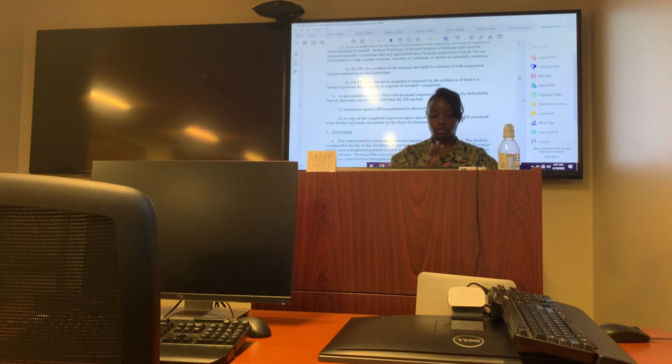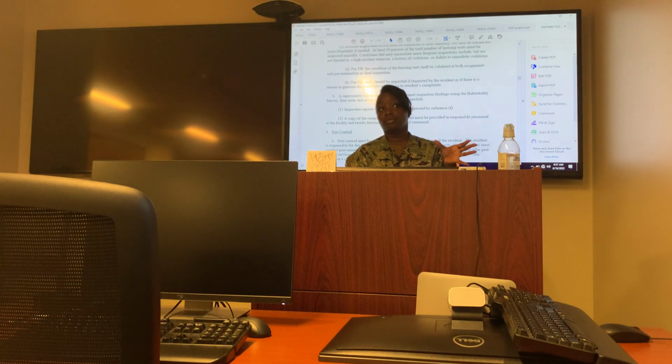So you can always increase the number of inspections. We're never going to decrease the minimum requirements, because everything in these regulations gives you a minimum requirement. So you have to at least hit that minimum.